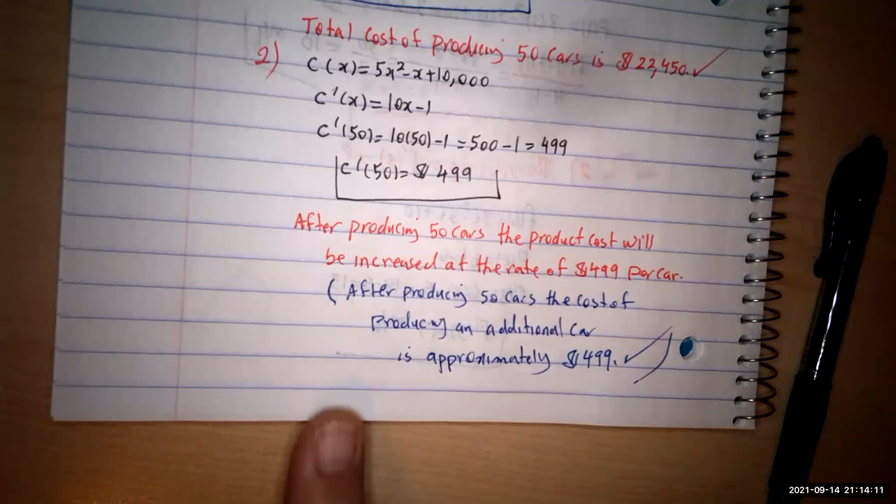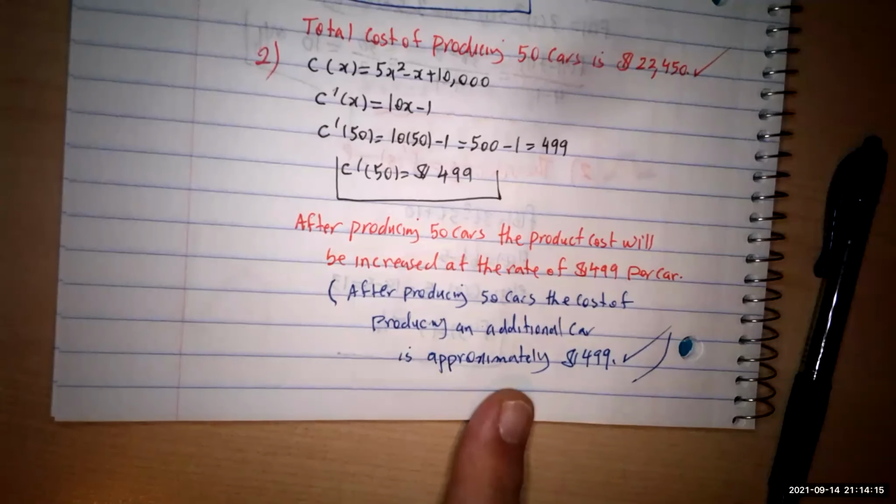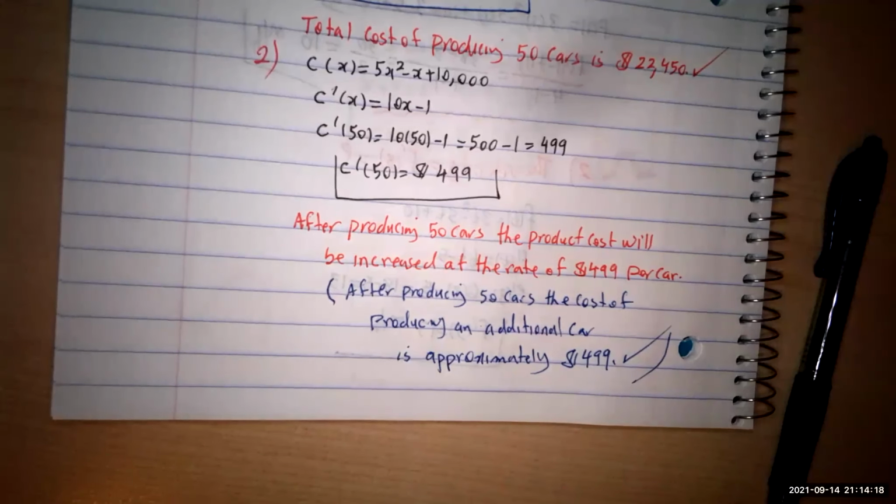So C prime, and this is your estimate that you're going to have. But if you want to find the actual cost of the production, what are you going to do? Any suggestion? This is the estimate of cost of the additional car, which is going to be the 51st one. So how about if you want to find the exact cost of the next car?